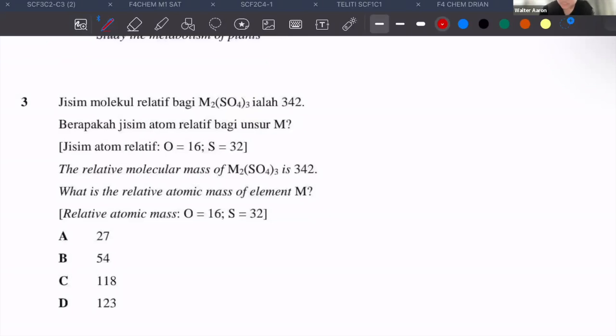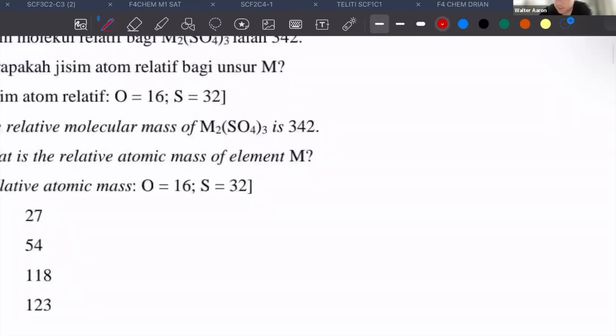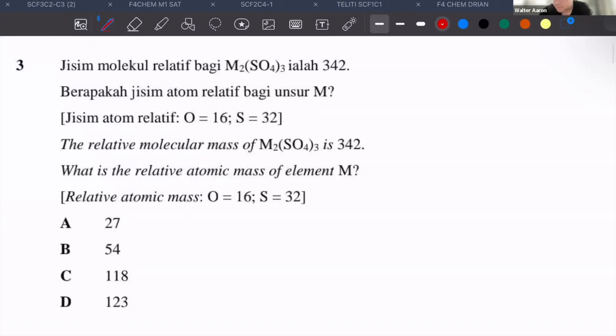For number 3, the relative molecular mass of M2(SO4)3 is 342. What is the relative atomic mass of element M? In this case, we've got to calculate M2(SO4)3.